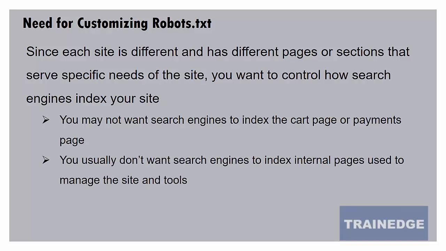Similarly, you might be using some administrative files or internal use pages that you don't want to be accessible to public, or you don't want those pages to be shown up in search results. So you don't want those sections of the website indexed. If you're using WordPress, for example, you don't want the admin dashboard and files related to that administration section to be indexed and becoming available in Google searches.